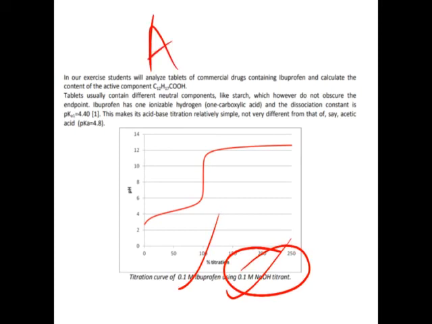So generally we perform its titration with 0.1 molar NaOH solution. Okay, so 0.1 molar ibuprofen with 0.1 molar NaOH. So NaOH is the base, ibuprofen is the acid. So it is an acid base type of titration.